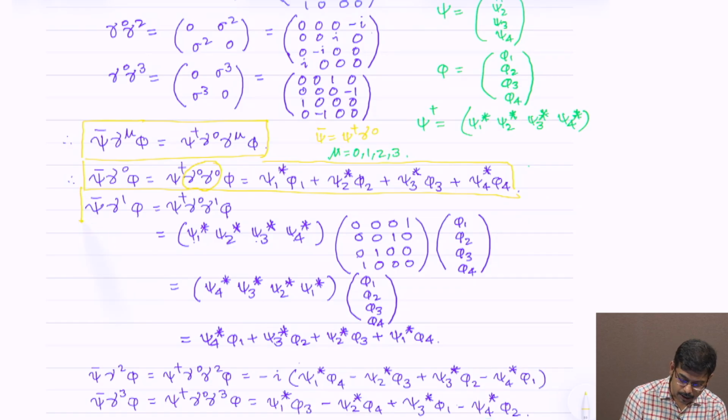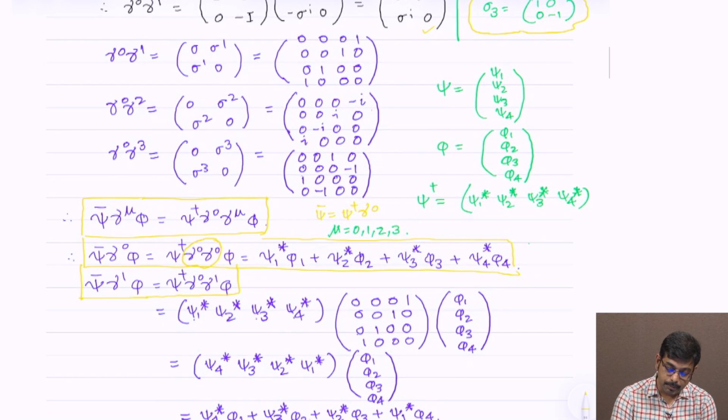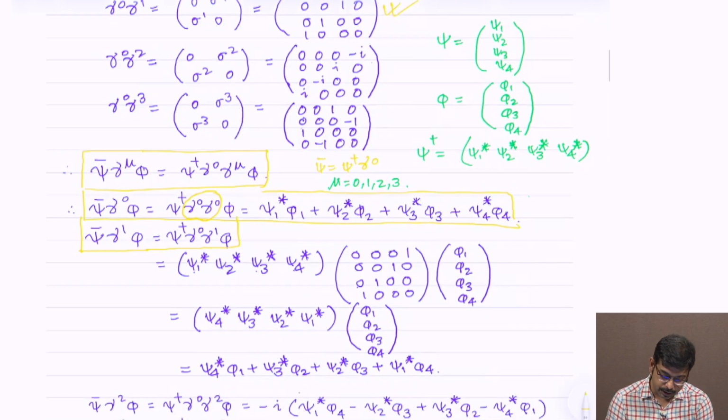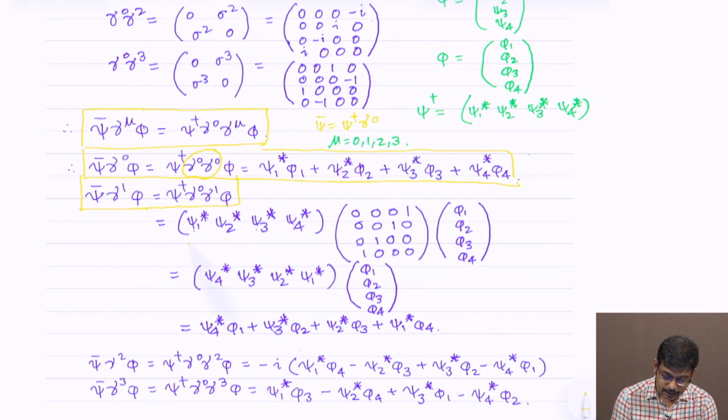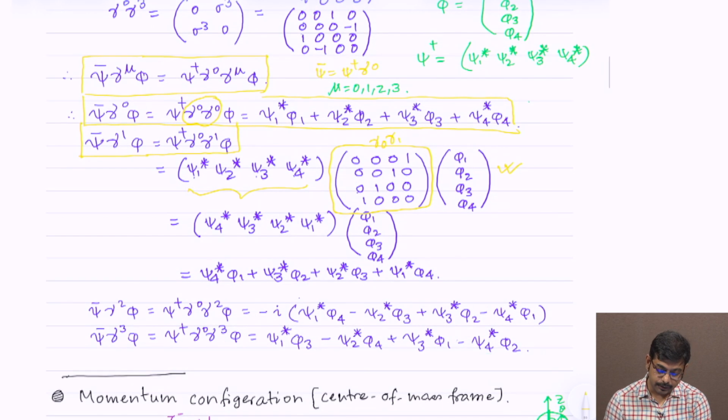Now, this is psi dagger gamma 0 gamma 1 phi. Gamma 0 gamma 1 is given by this 4 cross 4 matrix, which is 0 sigma 1 0. So, I have written the psi dagger here, and this is the gamma 0 gamma 1 matrix that we have here, and then we have phi 1, phi 2, phi 3, phi 4.